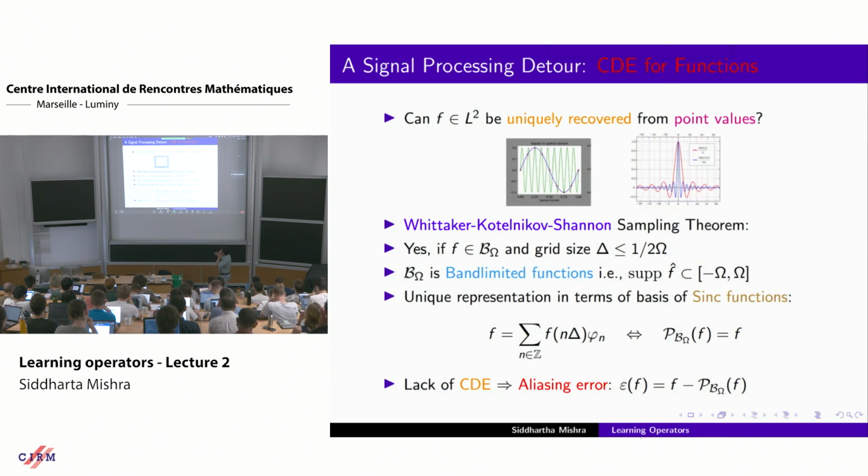So as long as the function is band limited, that's the first condition. And the second condition is that your sampling rate, or let's say in numerical analysis jargon, your grid size, has to satisfy a certain condition. The grid size here has to be less than 1 over 2 omega. This 1 over 2 omega is often called the Nyquist barrier, or Nyquist frequency, as some people call it. If these two things are true, then indeed the band limited function can be uniquely recovered from its values on a grid.